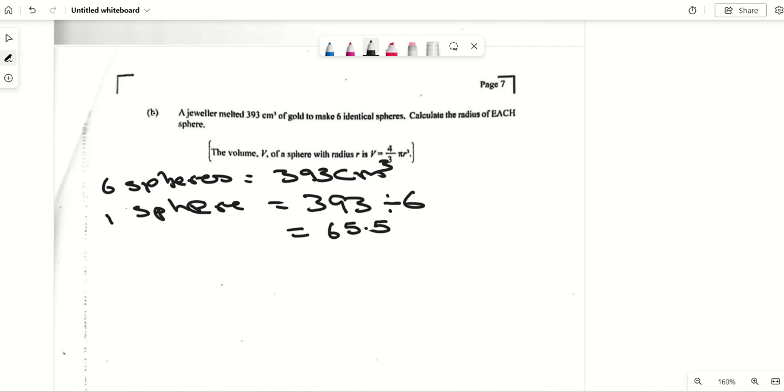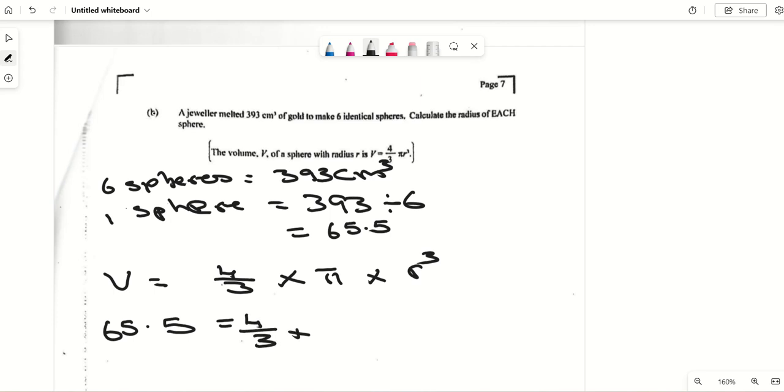Now they're telling you to find the radius. The formula for the volume of a sphere is 4/3 multiplied by pi multiplied by radius cubed. We don't know what the radius is, but we know everything else. The volume is 65.5, which equals 4/3 multiplied by, as they told you in the beginning, wherever you see pi, put 22/7, multiplied by r cubed.